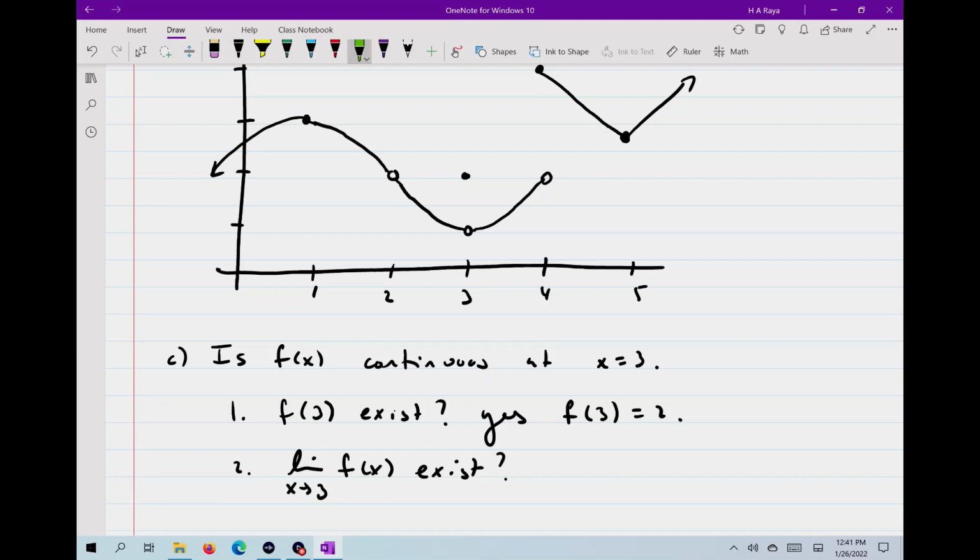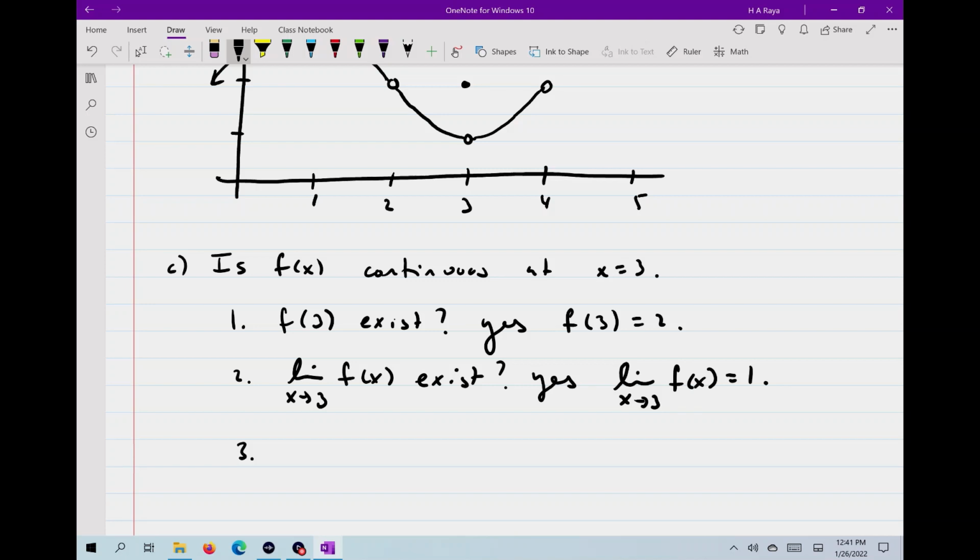So as we come in from the left and the right towards 3 for our x's, the y values of our function will head to the same y value from the left or the right, to the y value of 1. So again, the limit as x goes to 3 of our function would be equal to 1.